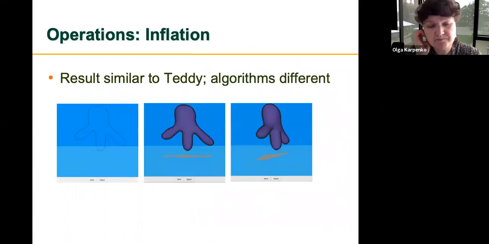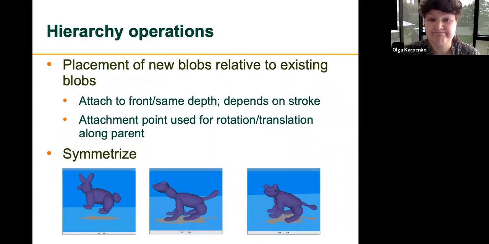I wanted to point out that although the result, when you look at the inflation, will be similar to the system we just saw, Teddy, the algorithms are completely different. And here we're using implicit surfaces, something I'm going to very briefly talk about in a few slides.